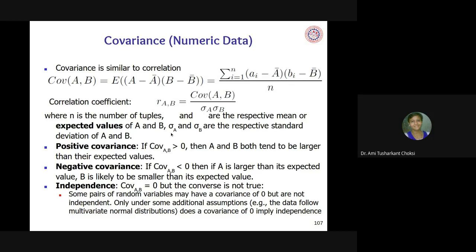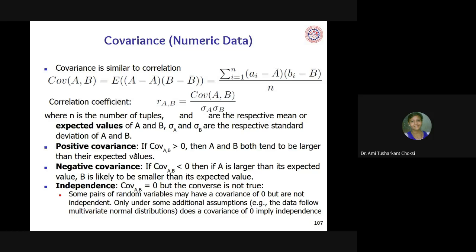Very simple. So the expected values of A and B are the respective means A bar and B bar. And sigma A and sigma B are the respective standard deviations.